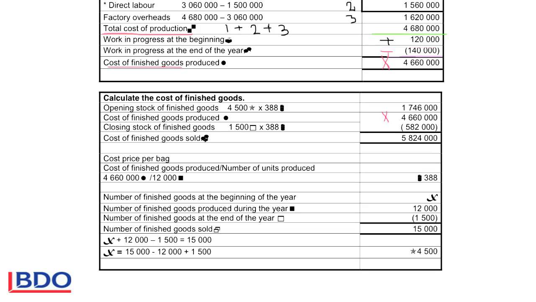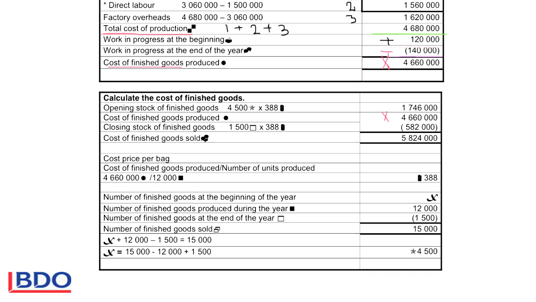Now if you think of the calculation that we completed when we used the periodic inventory system, we took opening inventory plus purchases less closing inventory, and that gave us the cost of goods sold. So in the manufacturing process, we will basically do the same. We will take the finished goods that we had at the beginning of the year plus the cost of finished goods produced. So instead of buying goods, we are now making the goods.